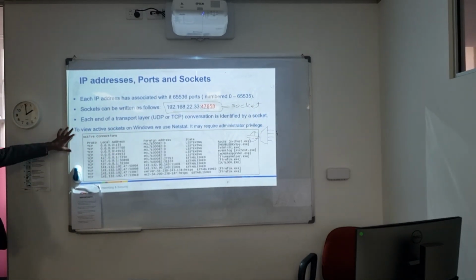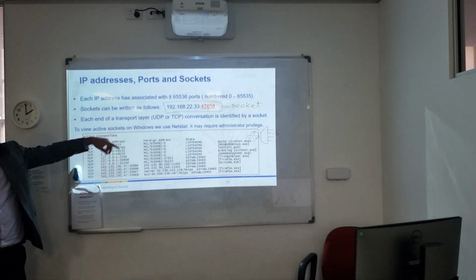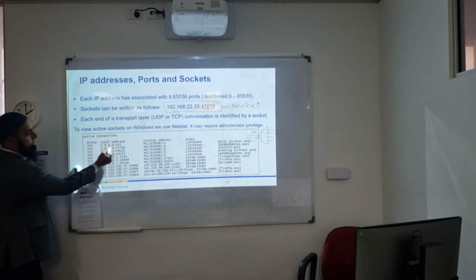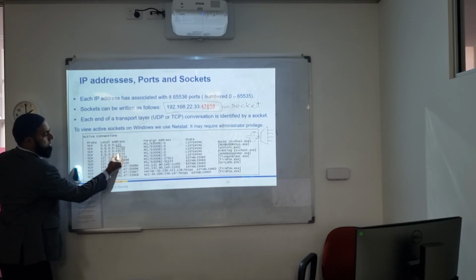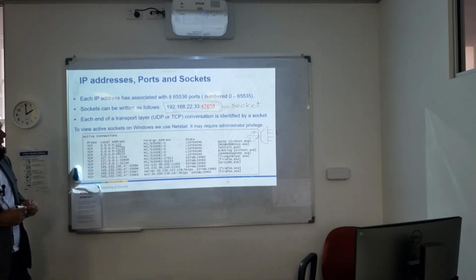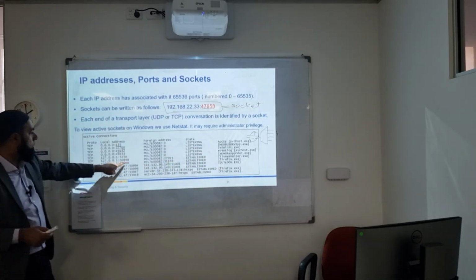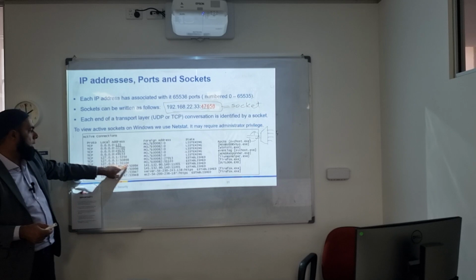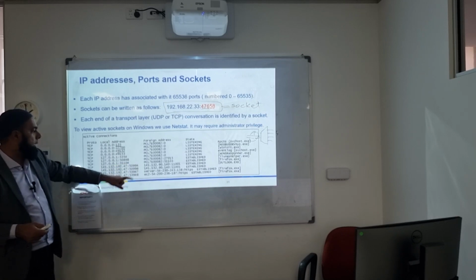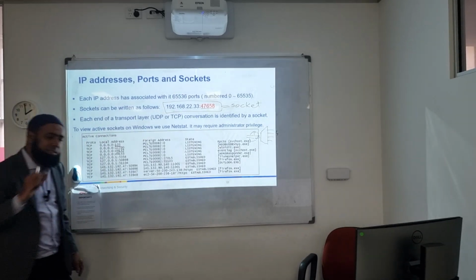We can see the active sockets on our Windows computer using the netstat command. After each colon is a port number, and these are different types of apps. Firefox is working on port number 51104, Outlook 50994, and another application needs a different port number.